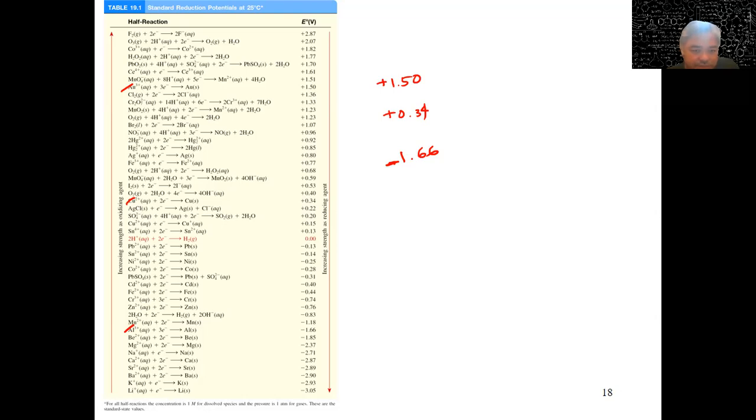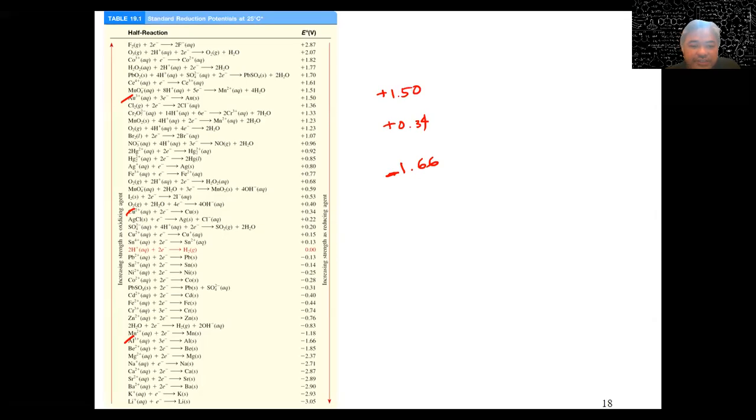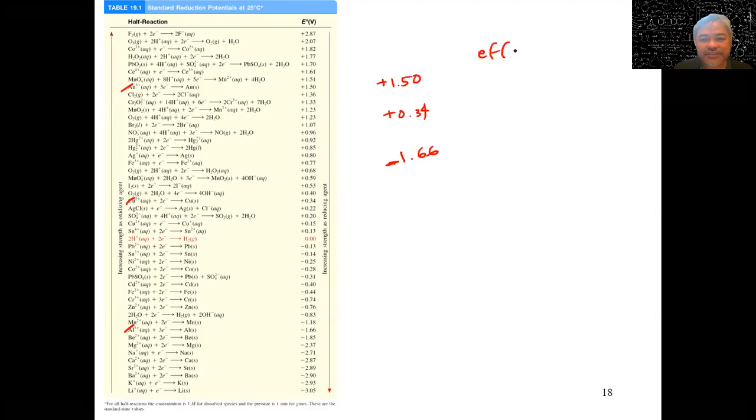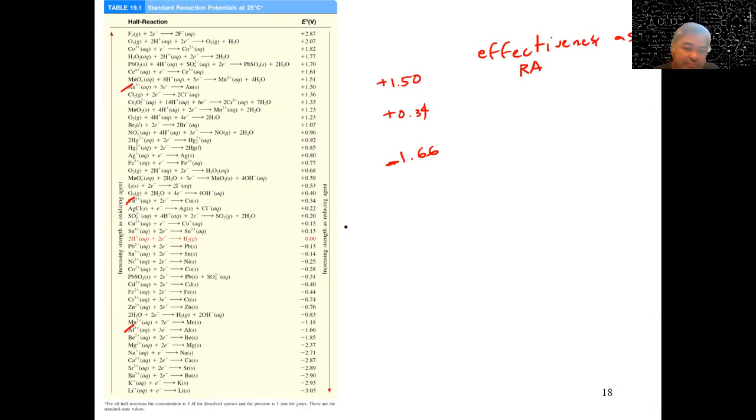Arrange the following in increasing order of effectiveness as reducing agent. Effectiveness as reducing agent. So what does it mean? So if you're going to look at the table here, increasing strength as oxidizing agent going up, and then here, increasing strength as reducing agent.